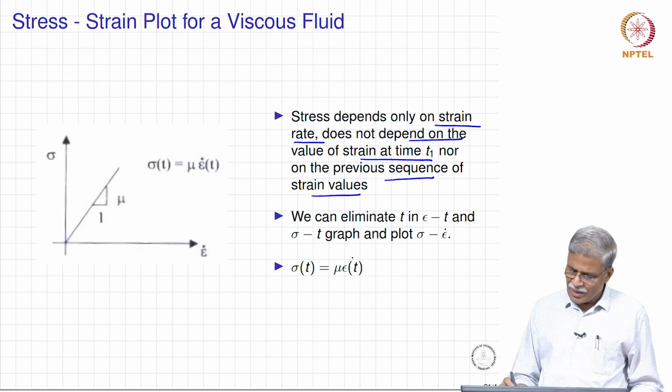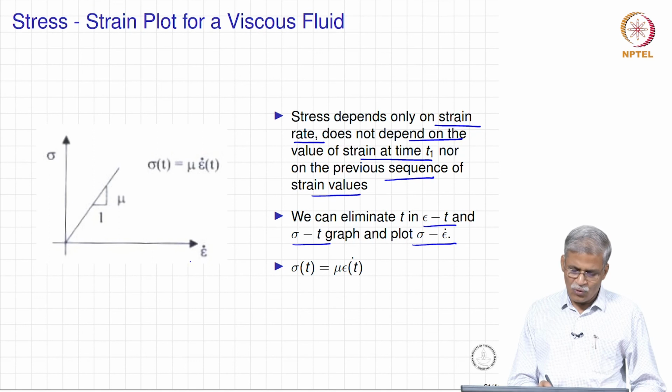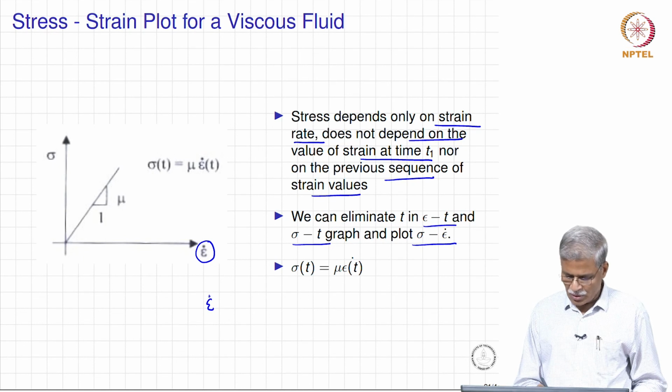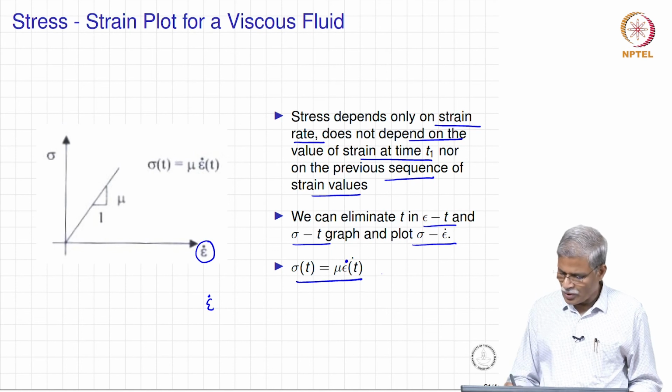So, if you eliminate t in epsilon of t and sigma of t, you can plot sigma versus epsilon if you want, but you need to understand that the x axis is epsilon dot. You can eliminate time and plot as long as sigma of t is equal to mu times epsilon dot, that is what it is.